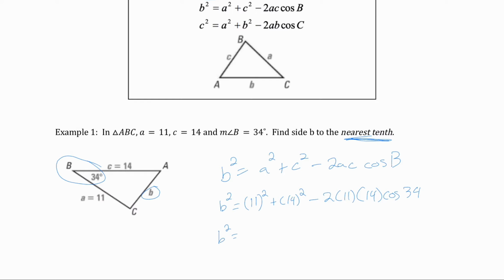Now, we're going to just type this whole thing into the calculator. I have 11 squared plus 14 squared minus 2 times 11 times 14 times the cosine of 34. Type it all in. Make sure you're in degree mode. I get b squared is equal to 61.6564, and it does keep going.